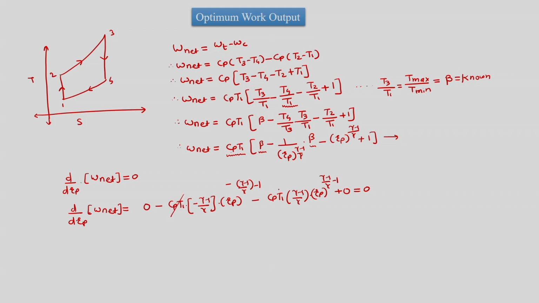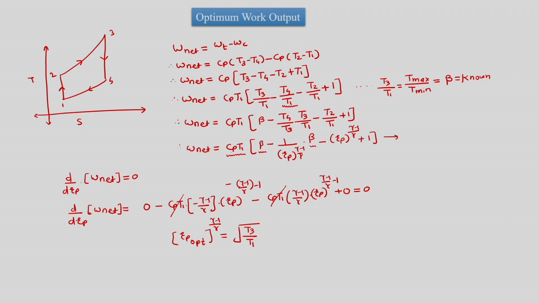So in this case Cp T1 gets cancelled, and then we get Rp optimum bracket raised to gamma minus 1 upon gamma equal to square root of T3 by T1.